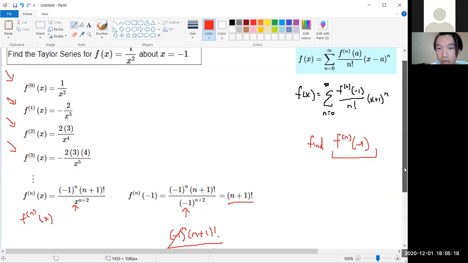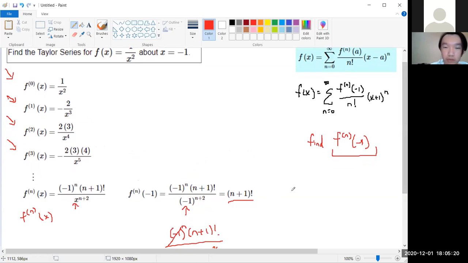That means we can write our answer for our Taylor series. So our Taylor series for f of x is going to be, let me just write everything else. So it's n factorial, x plus 1 to the n power. And then f^n of -1 is n plus 1 factorial.